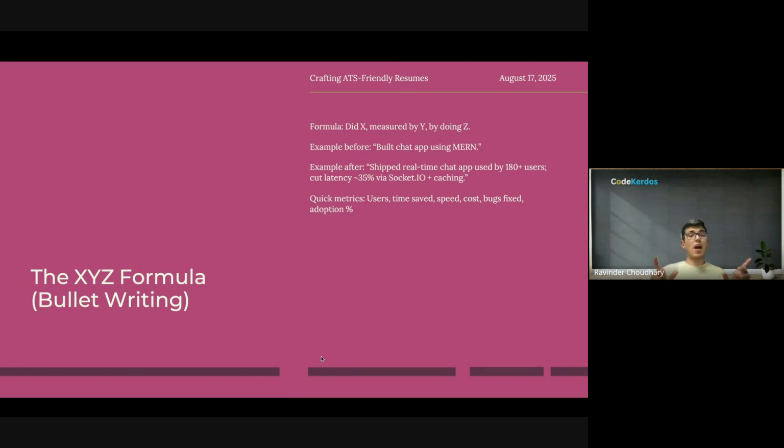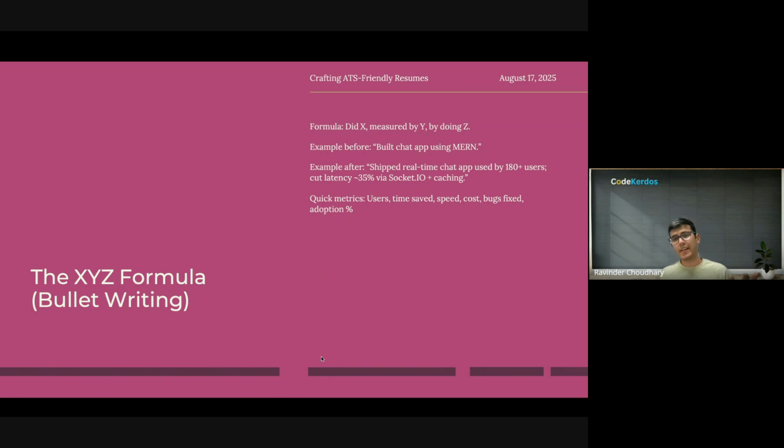So this is very impactful. You have specified the metrics to show the impact that you have made. You have specified some information about the tech stack, like how you did it. And you also told what you did in the first place. So this is how you can move away from the standard English adjective-based bullet points to more focused, impact-driven, metric-driven, XYZ formula-based bullet points.